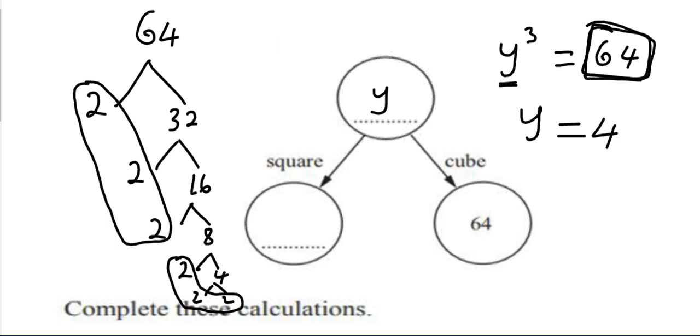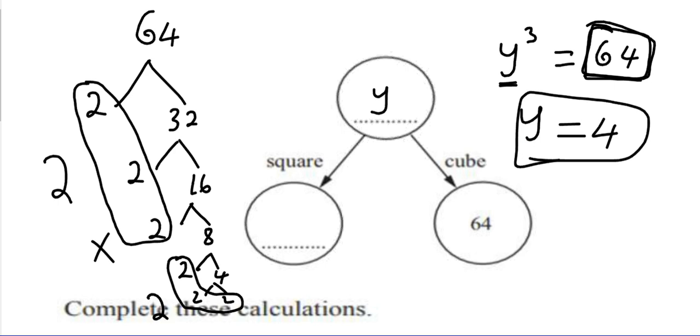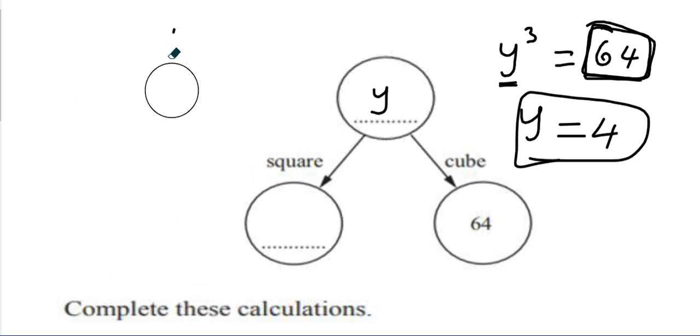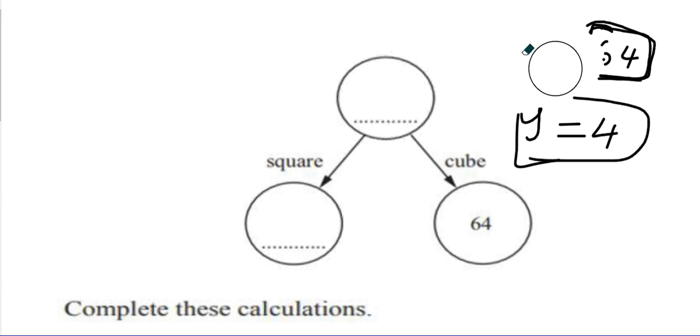Now, what does it mean? 2 times 2 times 2, pull out one number. 2 times 2 times 2, pull out one number. What is 2 times 2? 2 times 2 equals 4. Now, let us try to see the easy method to do this.